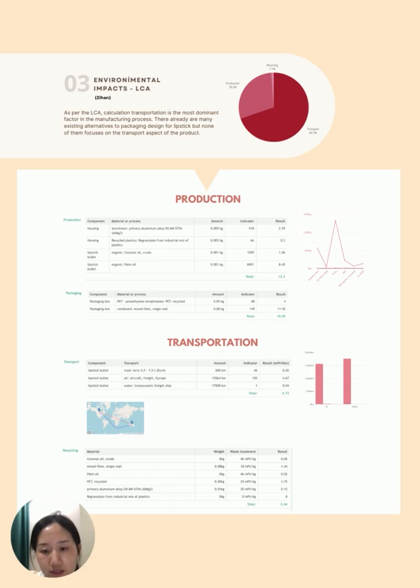In the packaging segment, the carton has the largest share of pollution. In transportation, it's mainly divided into air and water, where air has the greatest impact on the environment.